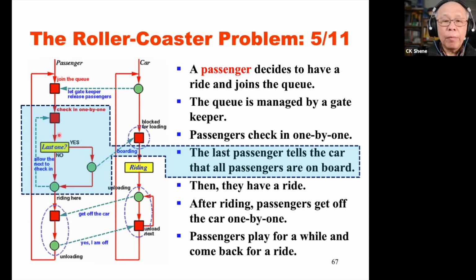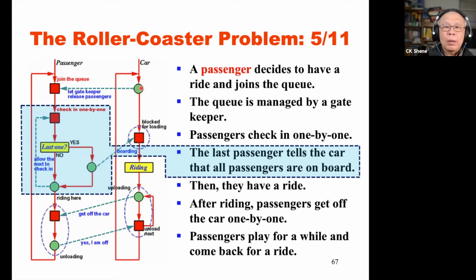Now, what if I am the last passenger? If I am the last passenger, I take the responsibility to inform the car here so that the car could start running. Now, look at the car.